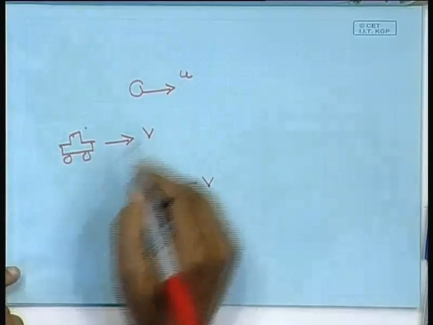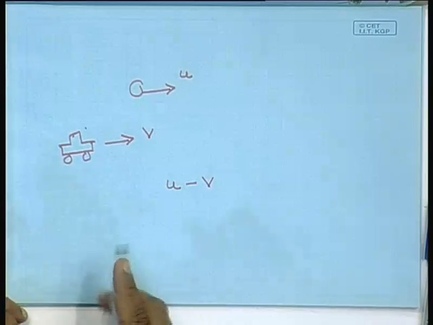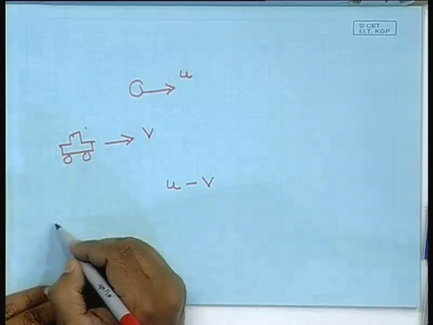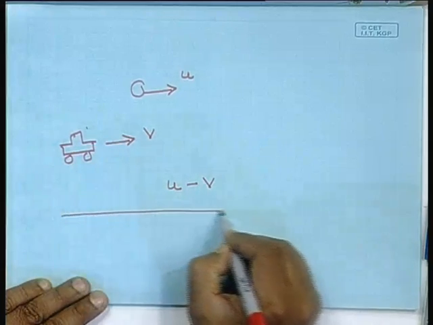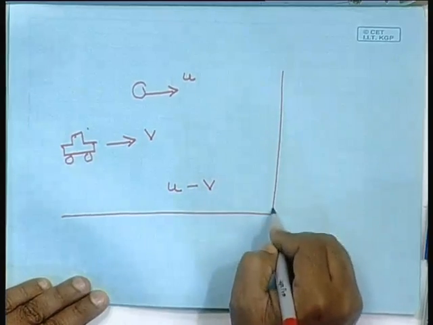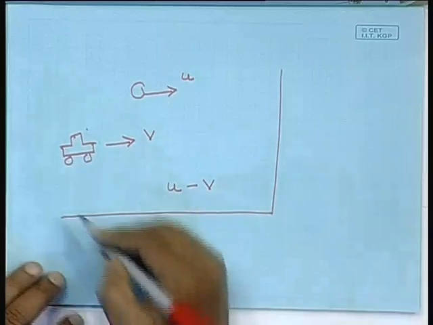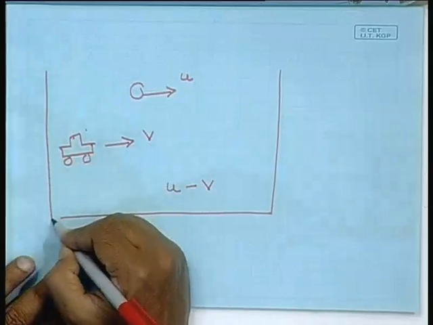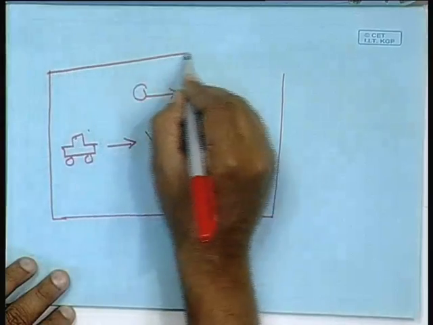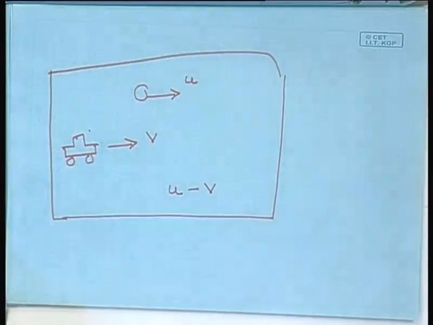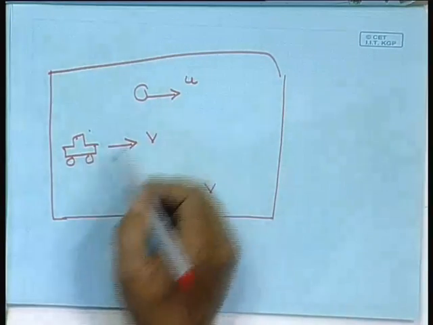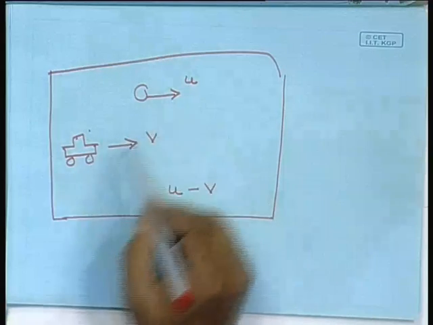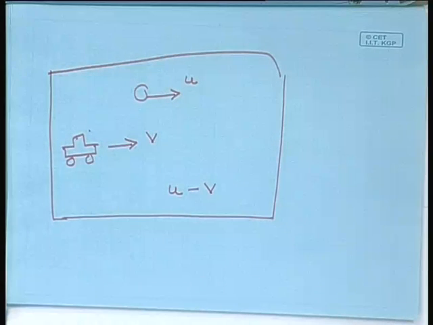So, this is the law of addition of velocities, and the fact that velocities add up goes by the name of the Galilean theory of relativity. Nothing happens to time, but the velocity adds up, the law of addition of velocities.